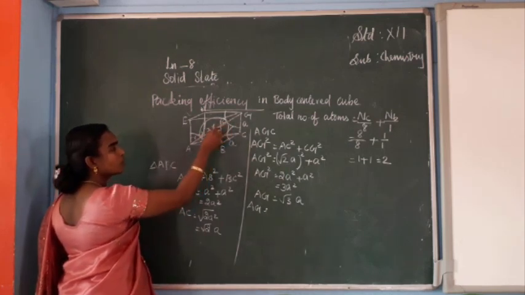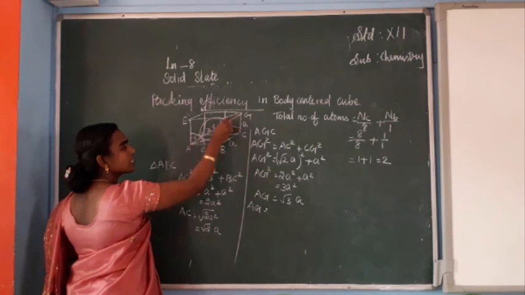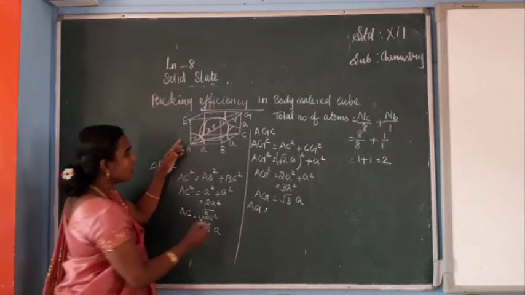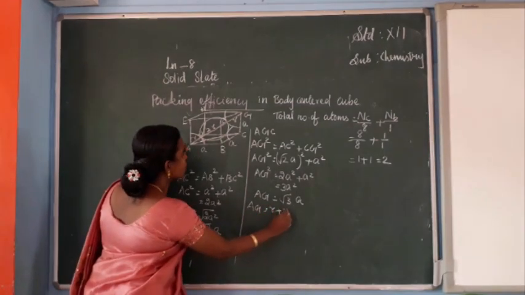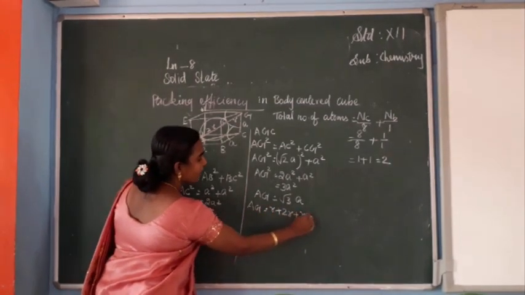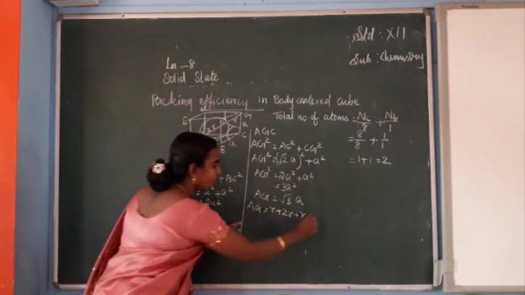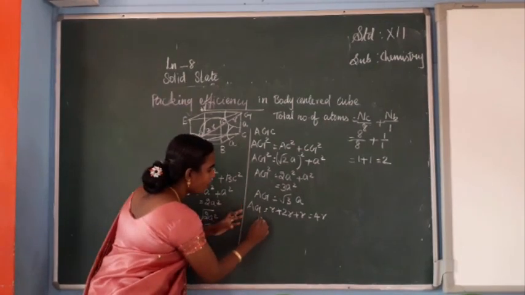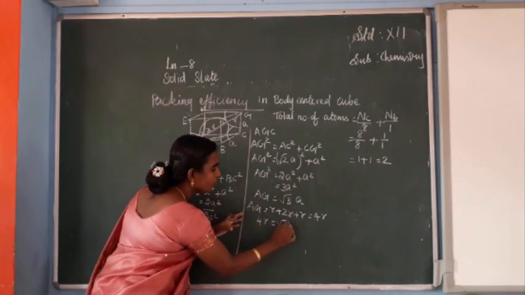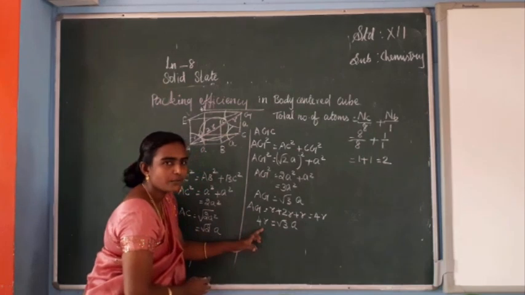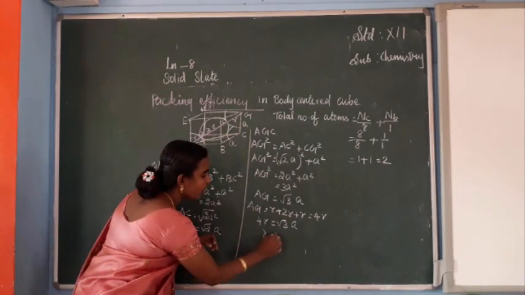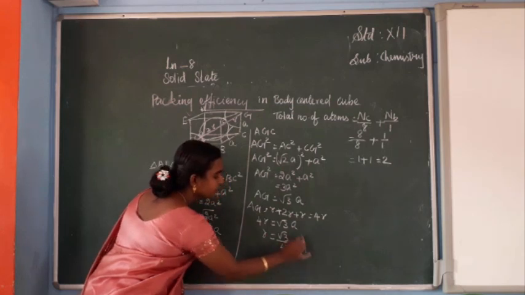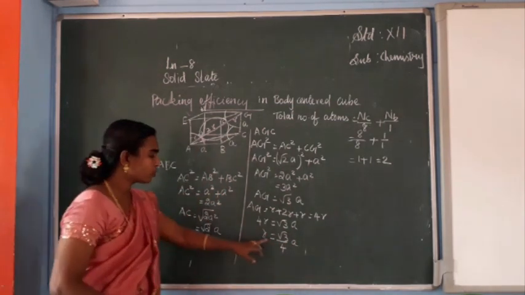From here to here R, and here to here R. So AG is equal to R plus 2R plus R, which is equal to 4R. Is it clear? So now 4R is equal to root 3 a. We have to find the R value. So R is equal to root 3 by 4 a. So clear? We found the R value.